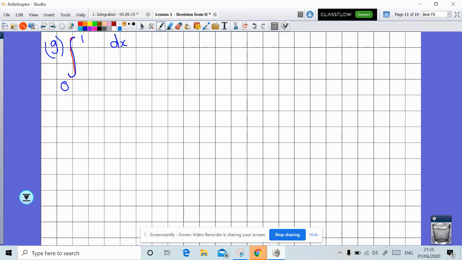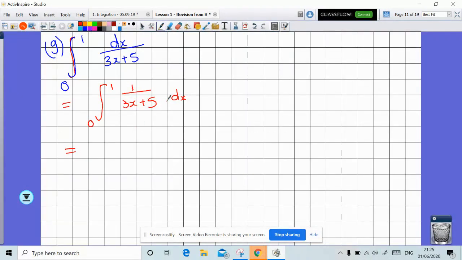This one's written slightly different because the dx is on top. And then you've got 3x plus 5. Right, now I'm not a fan of the way this is written. I prefer the dx just at the side. So what I'm going to do is rewrite this just so it's in math format. So 3x plus 5 dx. That's the exact same thing.